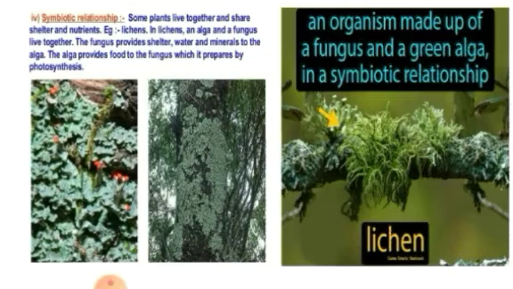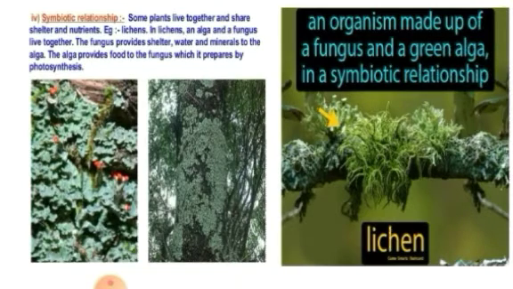This type of relationship is called symbiotic relationship or symbiosis. So symbiosis is nothing but an association between two or more organisms where the organisms live together and share both shelter and nutrients. The example for symbiosis is lichen.